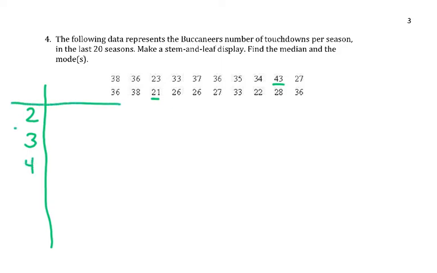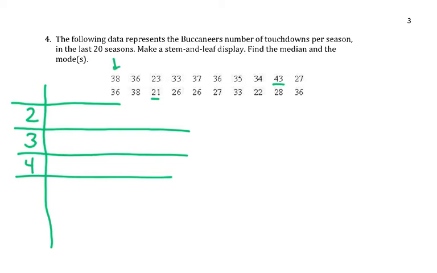So now I'm going to do the initial one. I'm just going to go down column by column. So I see 3, 8, 3, 6. This is the leaves or the second digits. Then I see 3, 6, 3, 8.